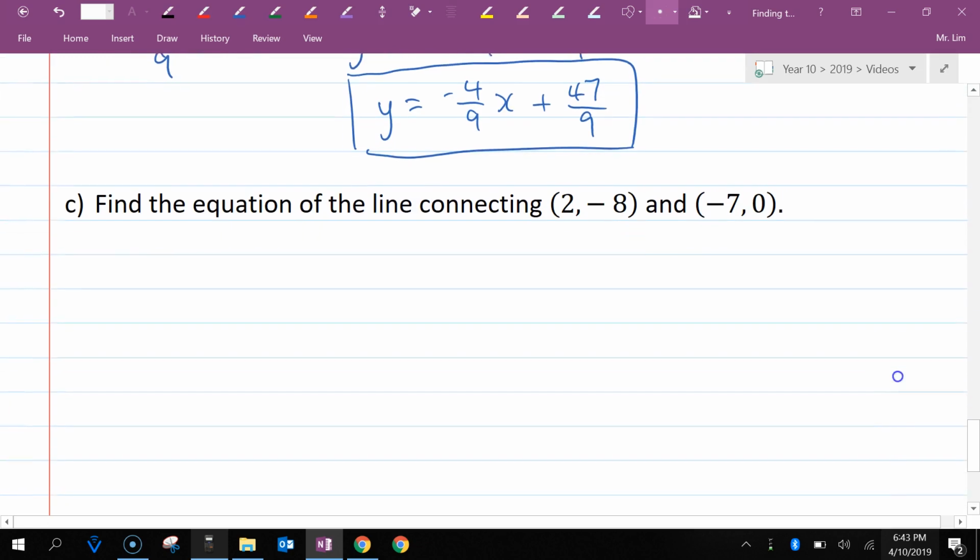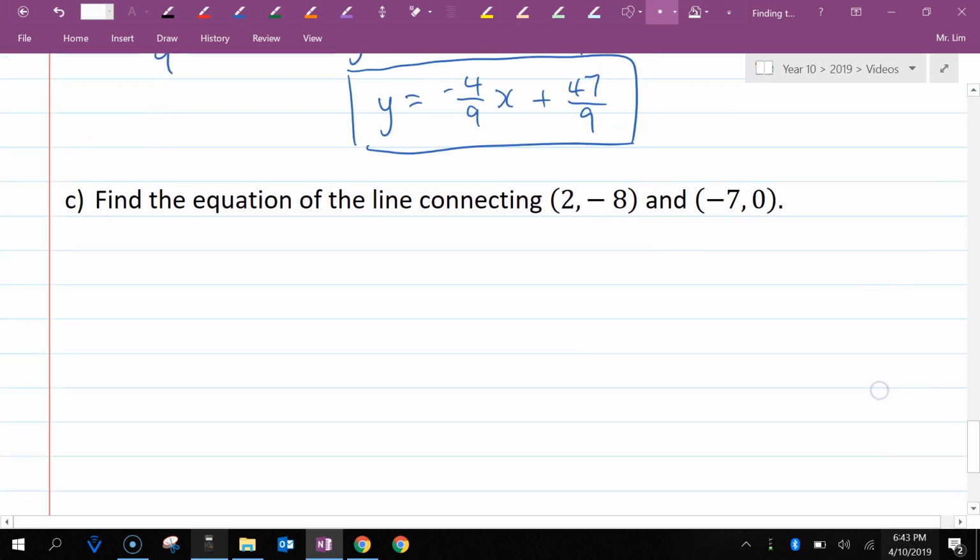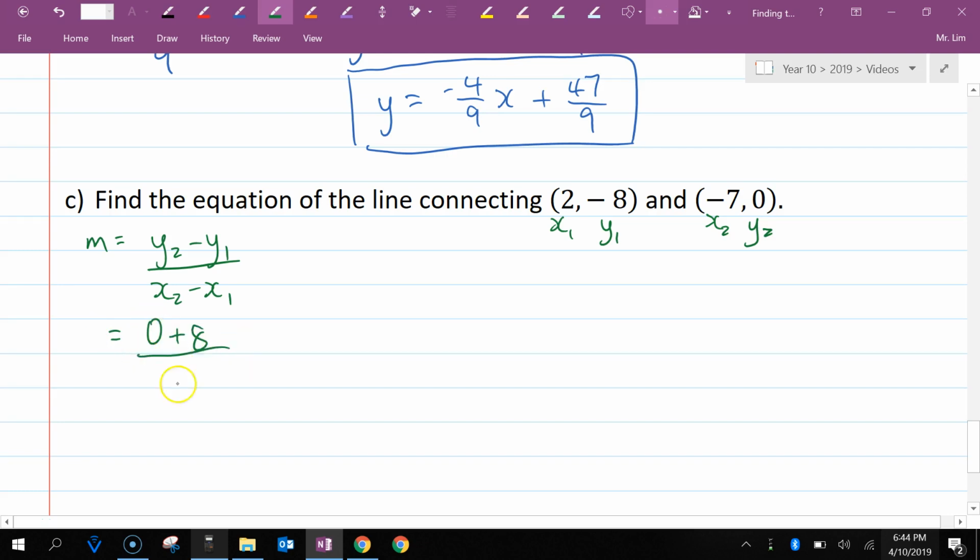Okay, last question. Have a go, actually not, second last question, sorry. Pause the video if you want to have a go yourselves. Alright, so we need to find the gradient. Y2 minus y1 over x2 minus x1. So let's label x1, y1, x2, y2. So the gradient is 0 plus 8 over minus 7 minus 2, 8 over negative 9. Y minus y1 is equal to m bracket x minus x1.